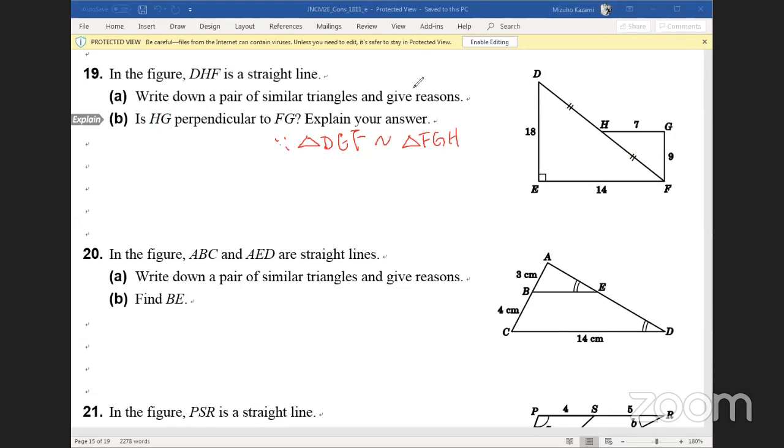Now, then in this case, angle G equals angle E, which is 90 degrees. Okay, then because angle G is 90 degrees, therefore HG is perpendicular to FG. It means you need to tell people why this one is 90. If this is 90 degrees, then these two are perpendicular. Okay, right?